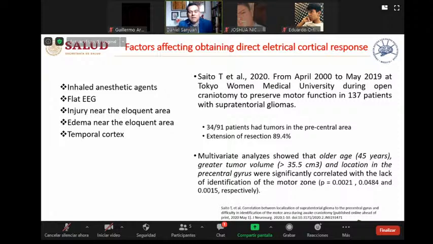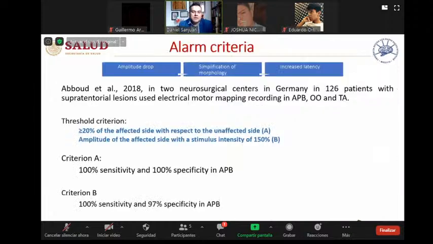And the factors that affect the ability to record this electrical response are older age, greater tumor volume, and the localization in the precentral gyrus. So these are the risk factors to obtain these kinds of signals.